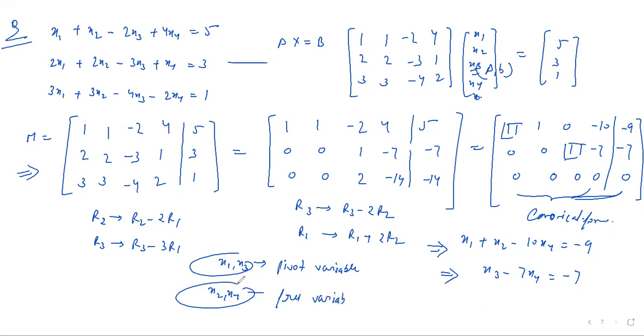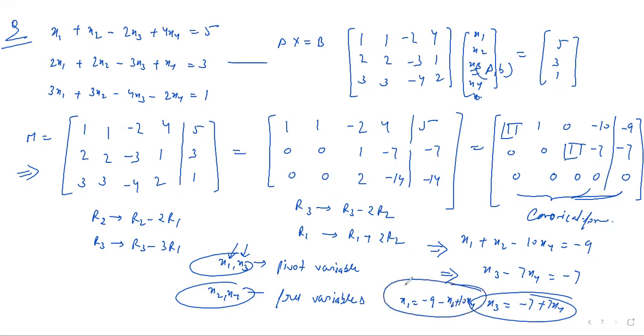We will find the values of x1 and x3, as these are pivot variables, in terms of x2 and x4. x3 is equal to minus 7 plus 7x4, and x1 is equal to minus 9 minus x2 plus 10x4. So this is how we can find the solution of a system of linear equations by the use of the augmented matrix.